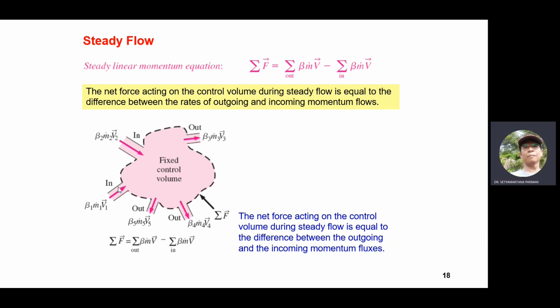So you can see in this figure the system has 2 inlets and 3 outlets. The net force acting on the control volume during steady flow is equal to the difference between the outgoing and incoming momentum fluxes.